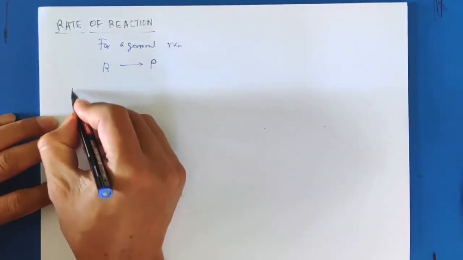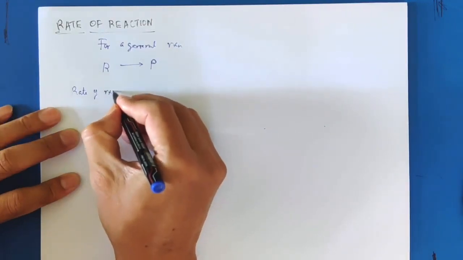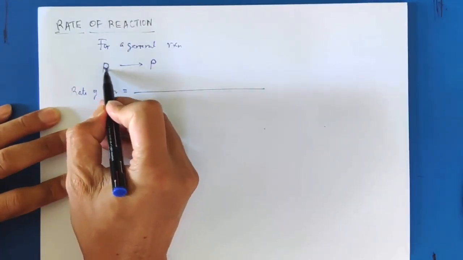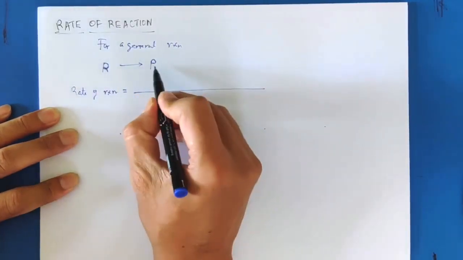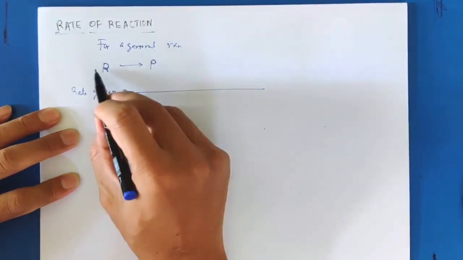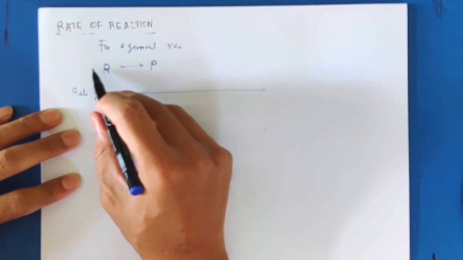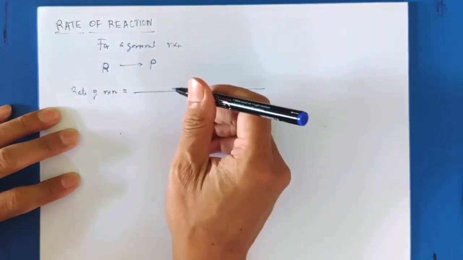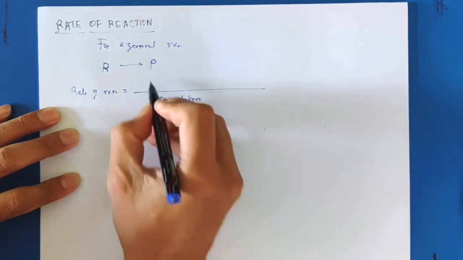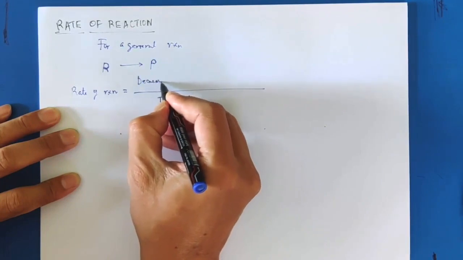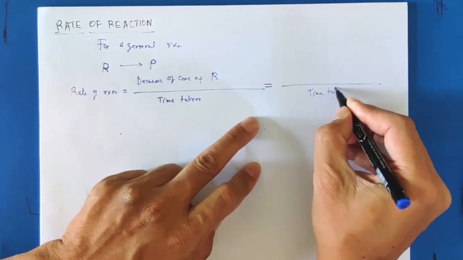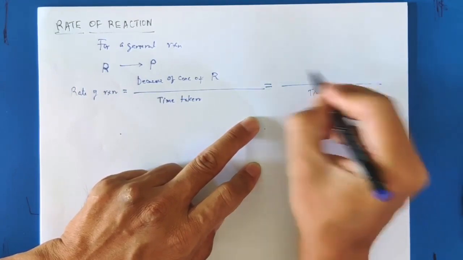What is the rate of reaction? With the passage of time, the concentration of reactants decreases, but the concentration of product increases. With a chemical reaction, reactants are consumed so their concentration decreases, and the concentration of product increases.